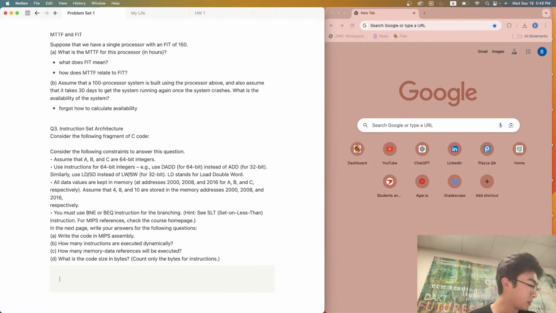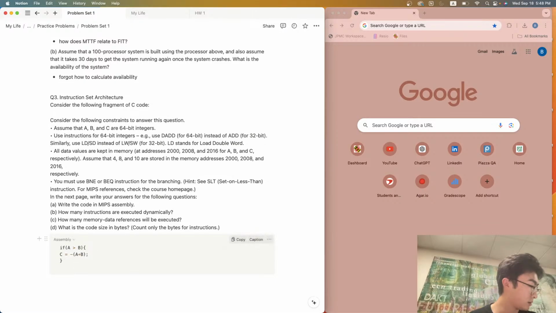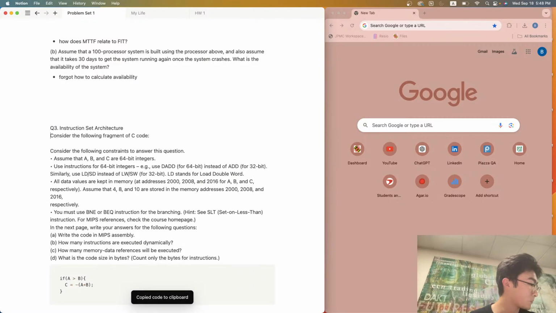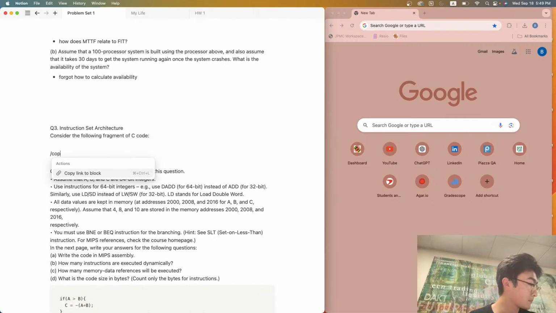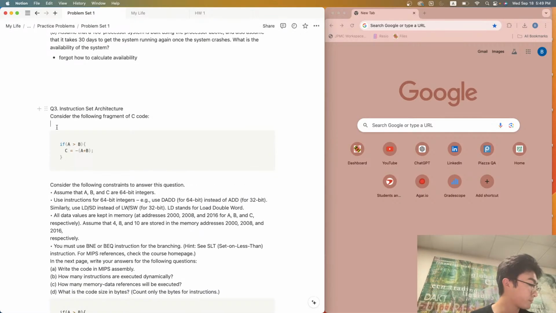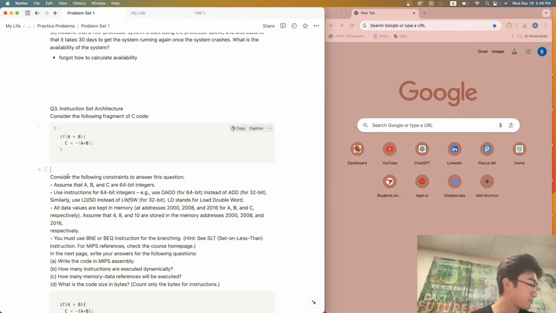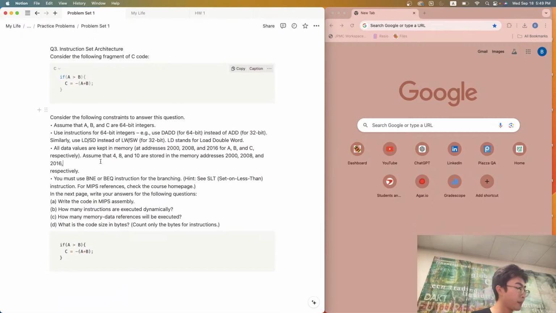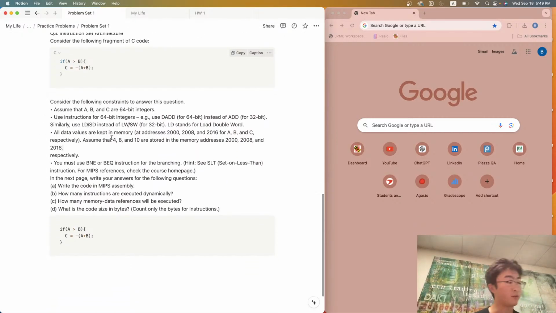Put this in C. Copy. Oh shoot. 64-bit integers.